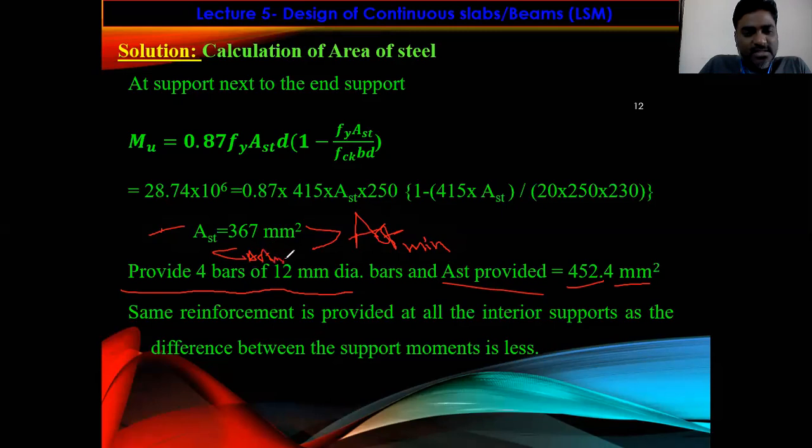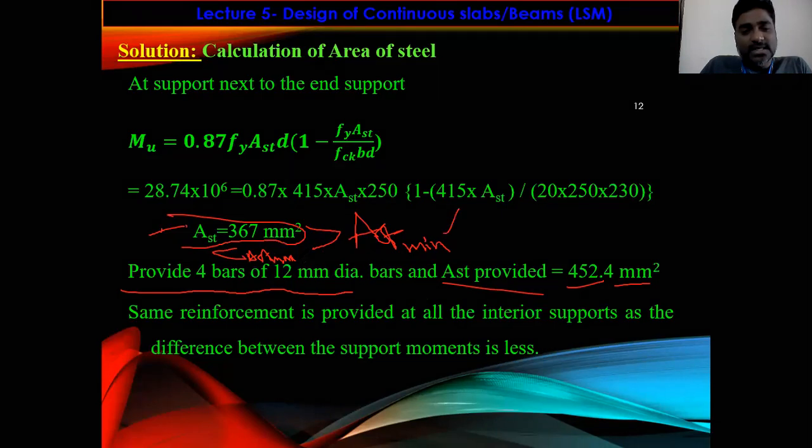What is AST maximum? That is 4% of BD, 0.04 into BD. Whatever reinforcement I got is greater than the minimum and less than the maximum, so I can provide this reinforcement directly. You need to check it compulsorily; that is very, very important.